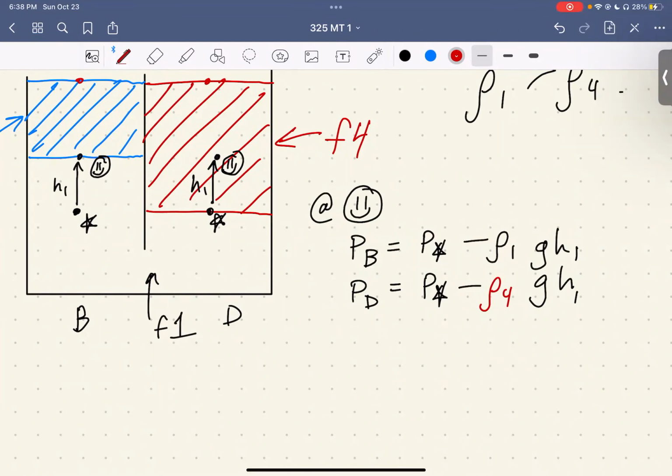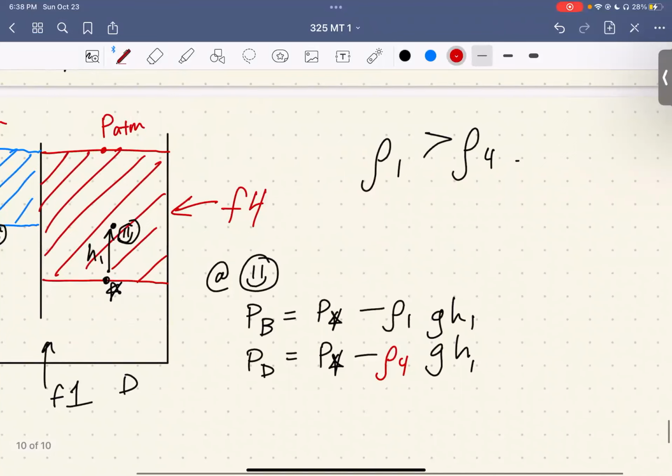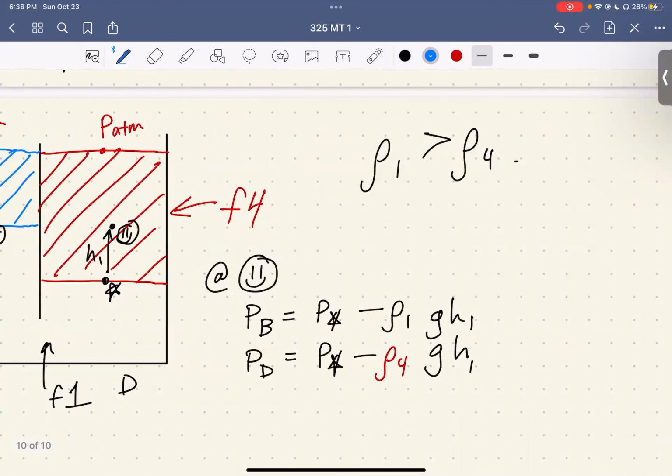So because rho 1 is greater than rho 4, this term is higher, meaning more is subtracted. That means PB is lower.